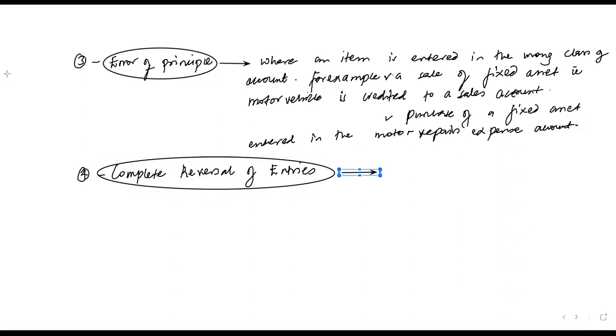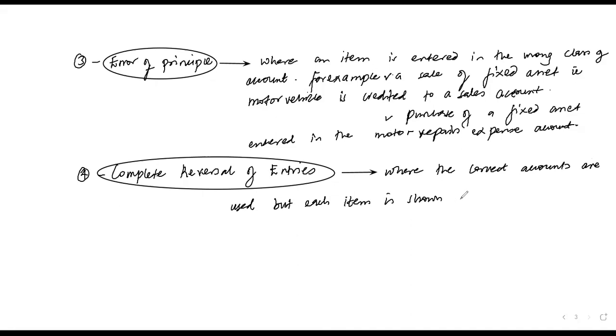This is where the correct accounts are used, but each item is shown on the wrong side of the account.